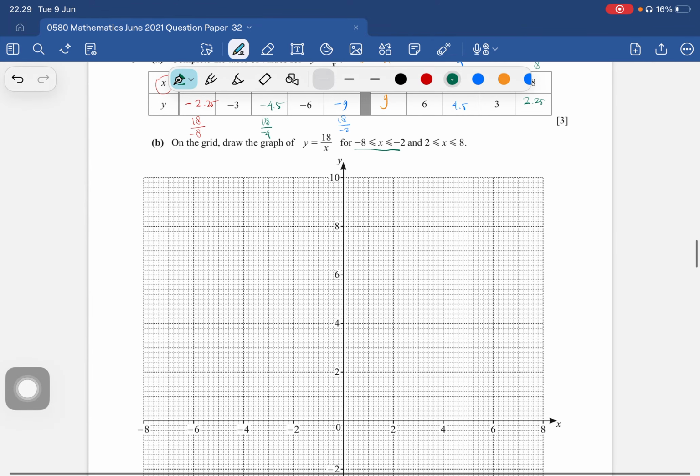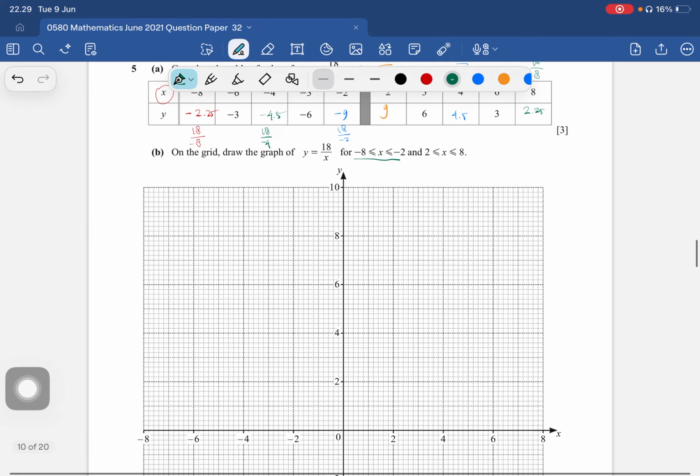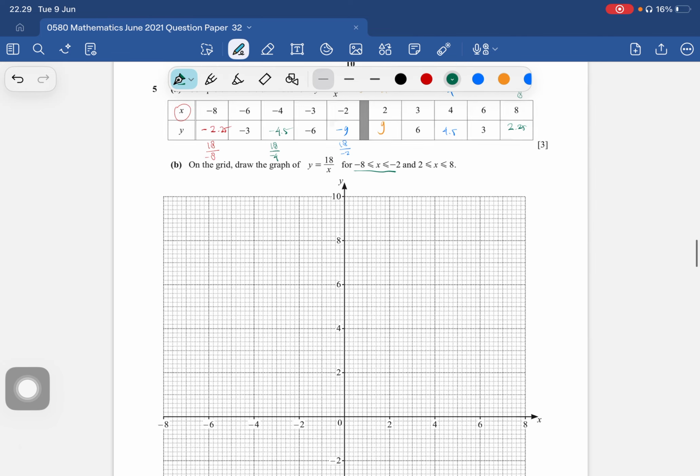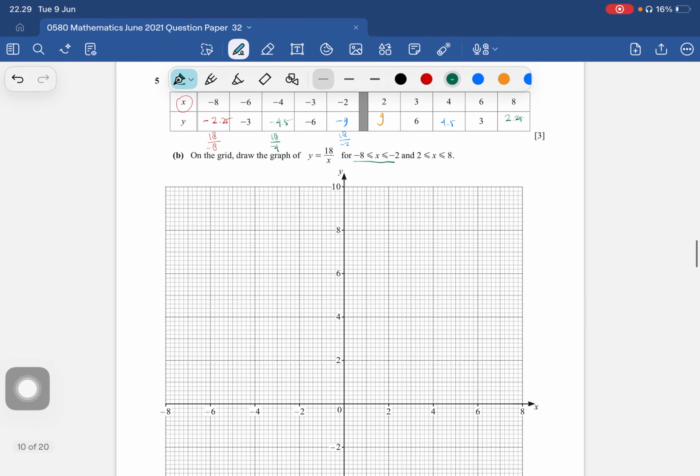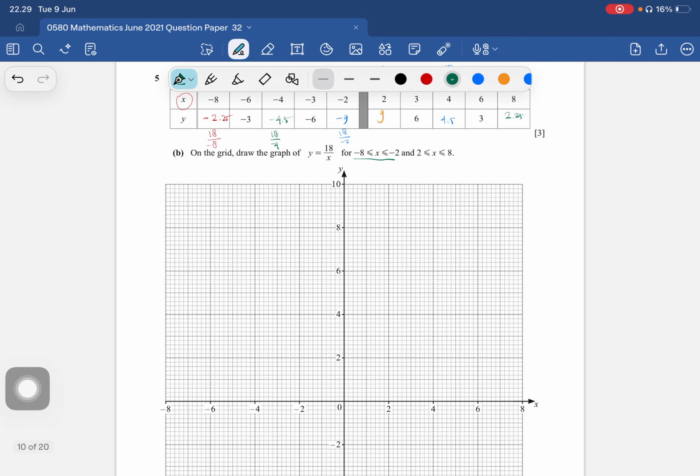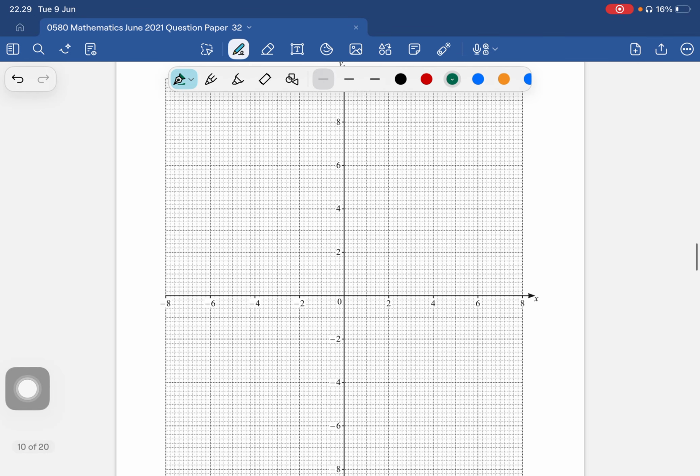For the values of x from negative 8: when x equals negative 8, y is negative 2.25.